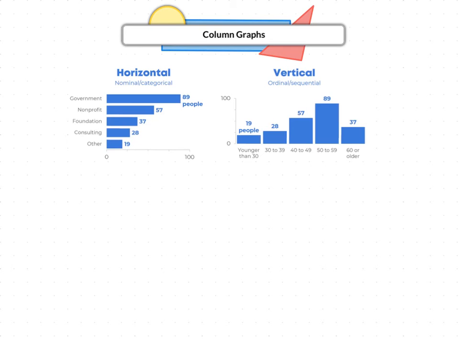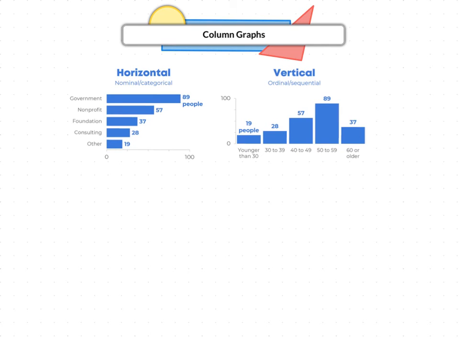We might ask the question, how many non-profit organizations are there? And we would look at this horizontal graph, the bar graph, and we look at the non-profit, and we can see that's 57. We might ask how many people were between 40 and 49 years old in this survey. On this vertical column graph, we would look at 40 to 49. There's the category. And we read up, and that's 57 people between the ages of 40 to 49.